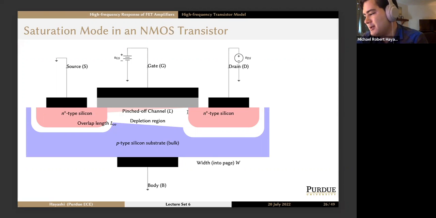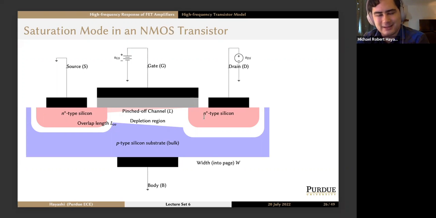So that explains some of where the gate to source capacitance and the gate to drain capacitance come from. We can basically say the overlap capacitance due to this is W times L overlap times Cox. So the width into the page times the overlap length times the gate to oxide capacitance. Now that gives us the overlap capacitance.